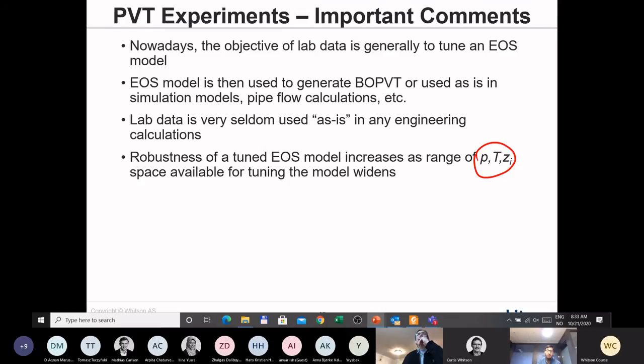And that gives you a very robust equation of state model that can predict PVT data for any composition that you input in the model.